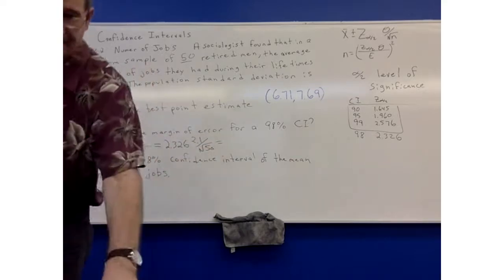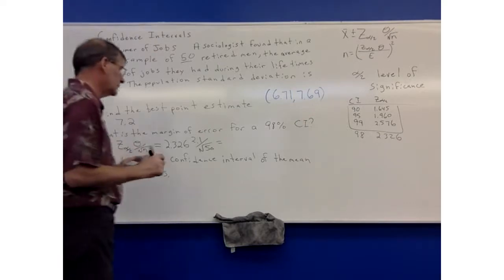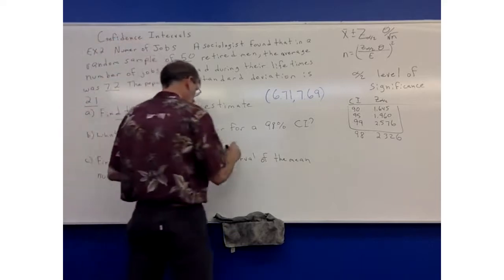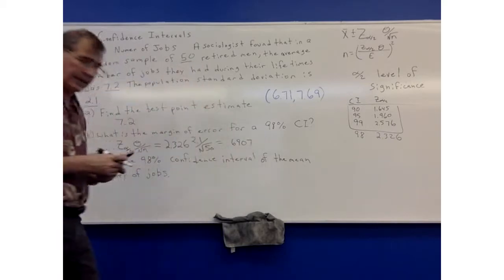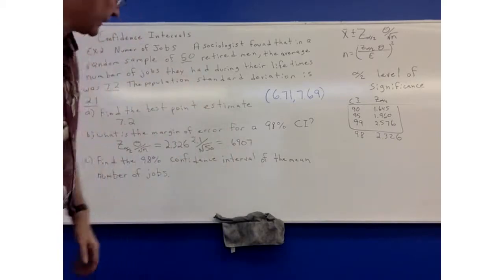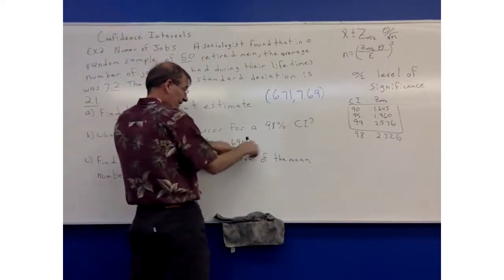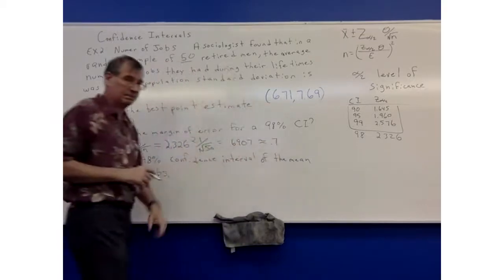Type that in, see what you get. 0.6907. Okay, I'm going to round this to 2 digits like I did the other one. That means I got to round that number. That is bigger. I got to round up. So this actually is going to become 0.7.